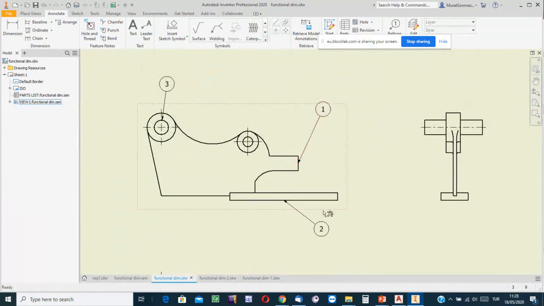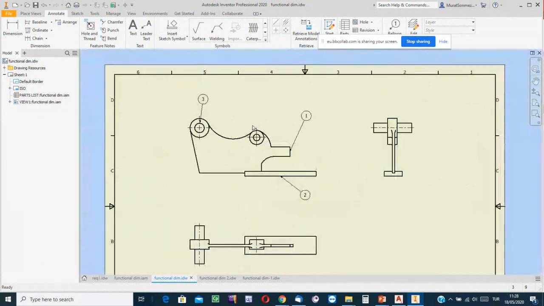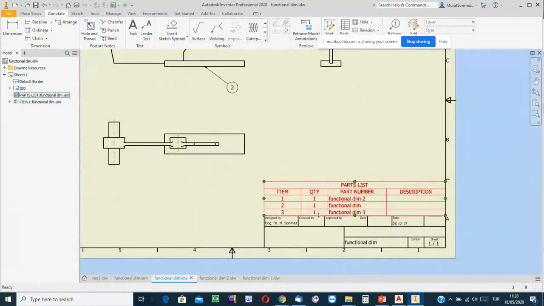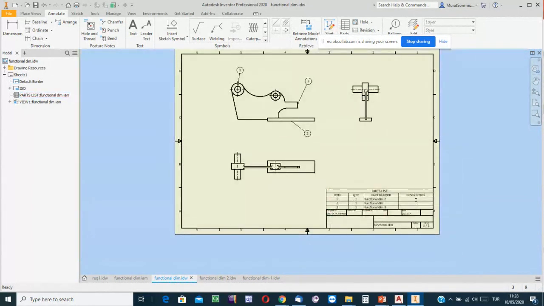Well, the ID balloons are used to indicate the components: first component, second component, third component. Okay, and at the parts list, just above the title block, we have such a table, and in the table the components are listed with their ID numbers, their names are written, and some other technical notes are written in the parts list.